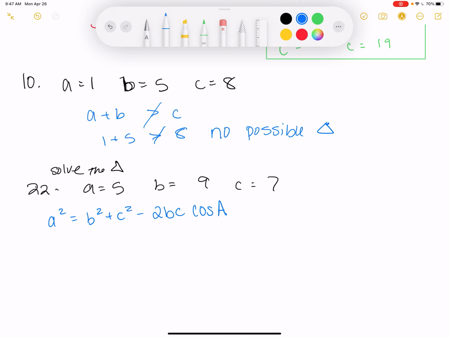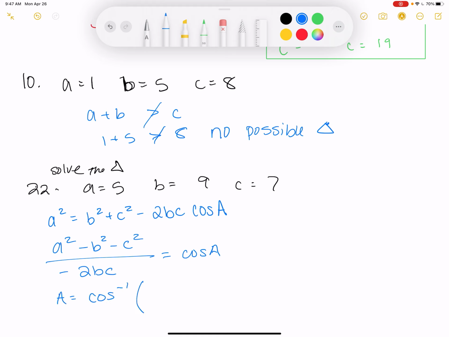So I'm going to end up with A squared minus B squared minus C squared, divided by negative 2BC, equal to the cosine of A. So A is going to be equal to the inverse cosine of A squared minus B squared minus C squared over negative 2BC.